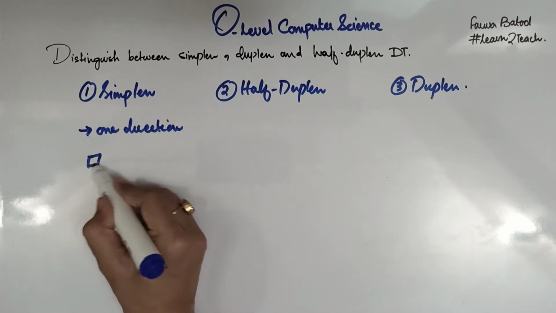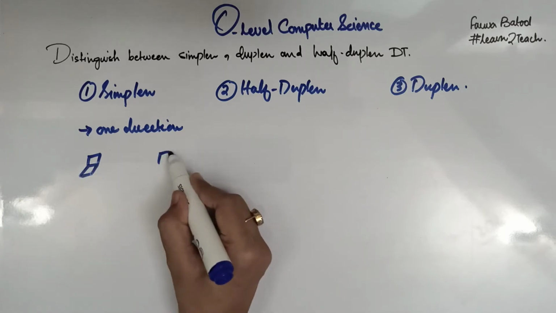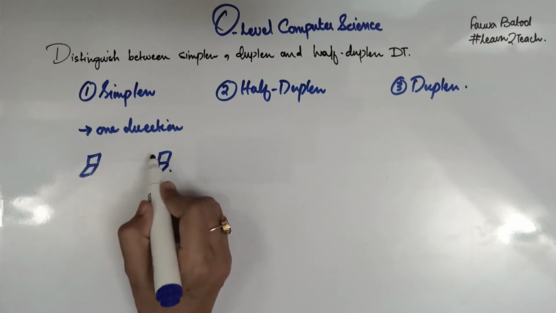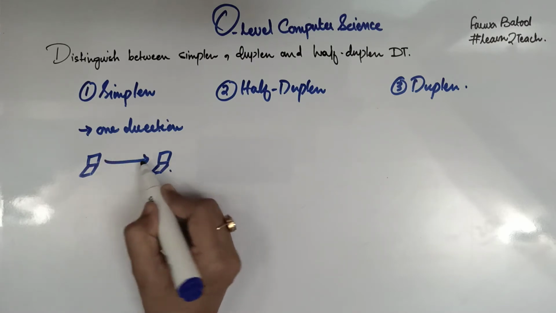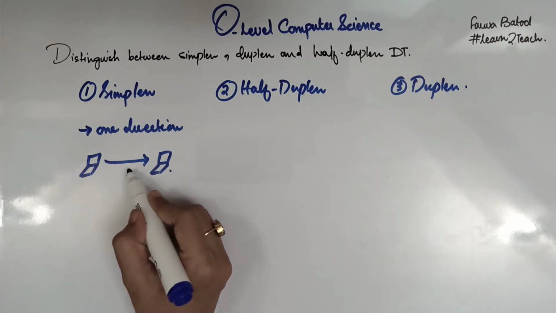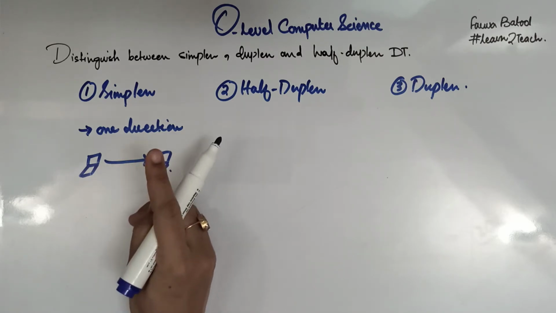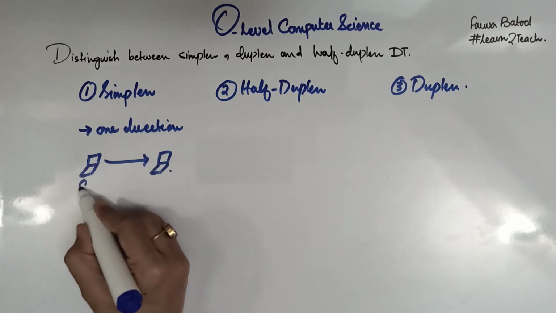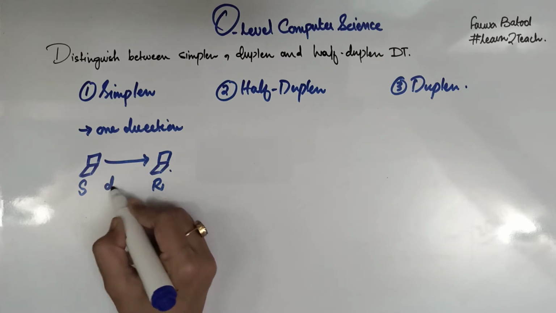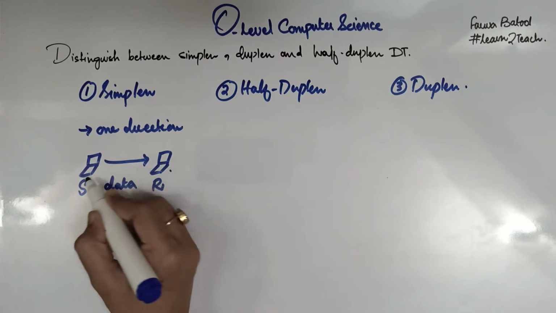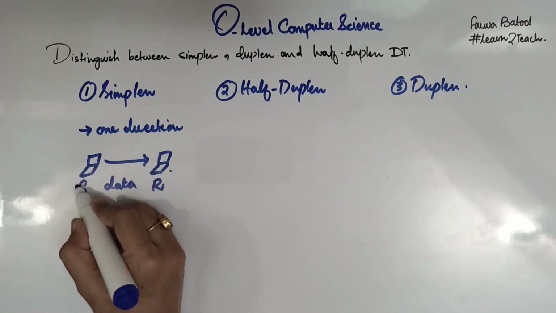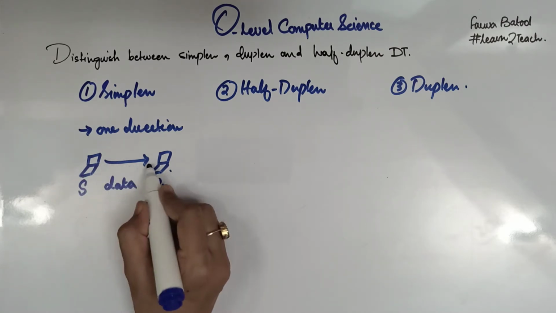If I have a sender and a receiver, two devices, and I need to transmit data in between, then you are going to transmit the data in only one direction. If this is my sender and this is my receiver, the data is only going from sender to receiver, in one direction.